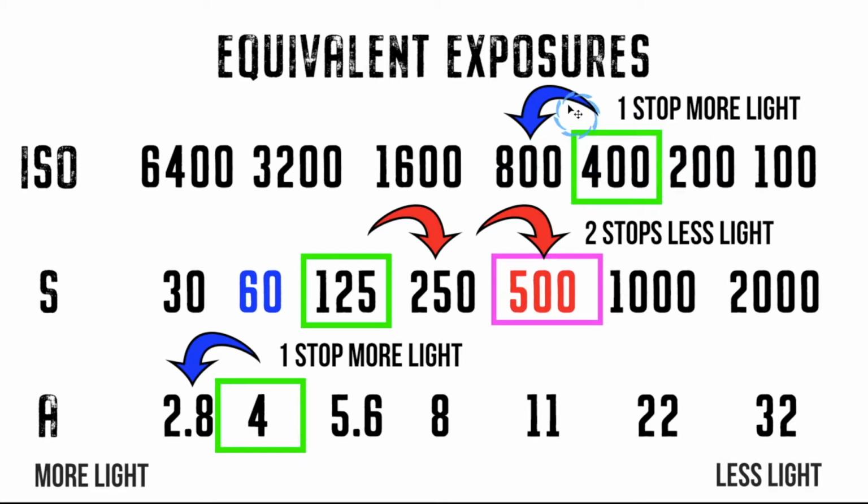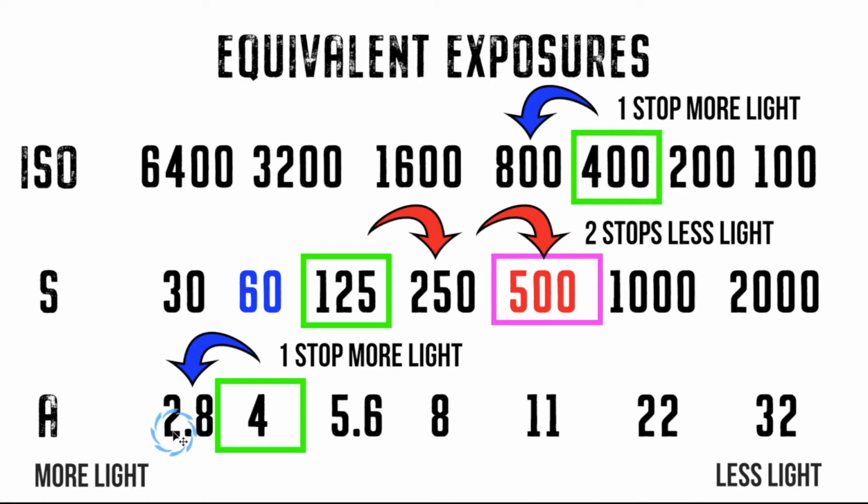So in turn, it's really like allowing more light into the camera. It's just you don't need as much light to take the same exposure. So this is doing +1 stop. This is doing -2 stops. Then we can take f4 and go to 2.8 because as we go this way, it lets more light in. An equivalent exposure of 125, f4, at 400, is 500, 800, 2.8.